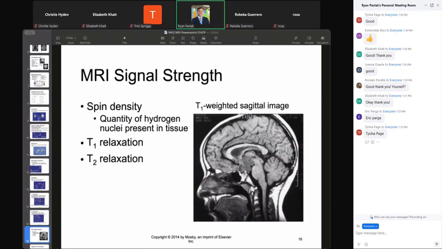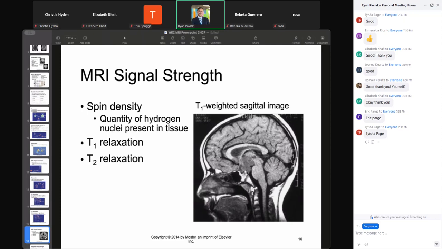Now, with MRI, if you've ever looked at a data set of images, you're going to see sagittal T1, sagittal T2, gradient echo sag, or a gradient echo axial image, a T2 axial. So you'll see that we're imaging in the same plane, but we're doing different types of sequences.